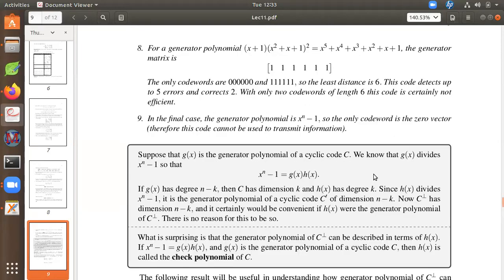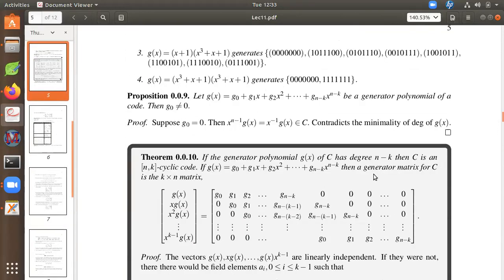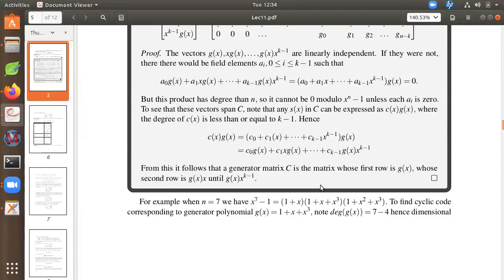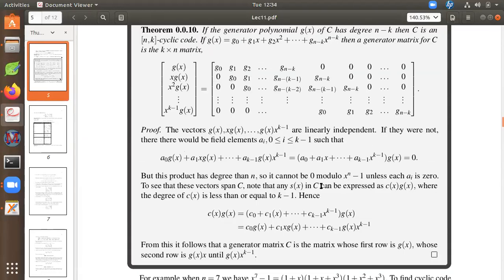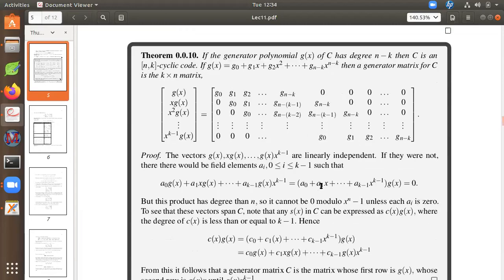Earlier, look at this again. Here the generator polynomial has degree n minus k, and the generator matrix is k cross n, with rows from x power 0 to x power k minus 1. In the beginning it is a little complicated and takes time to understand. If the degree of the generator polynomial is n minus k, then the code dimension is k.